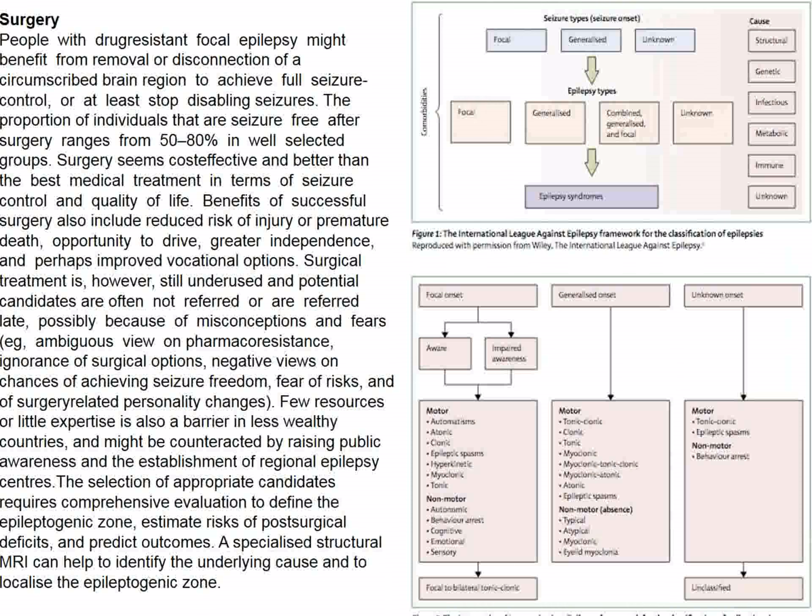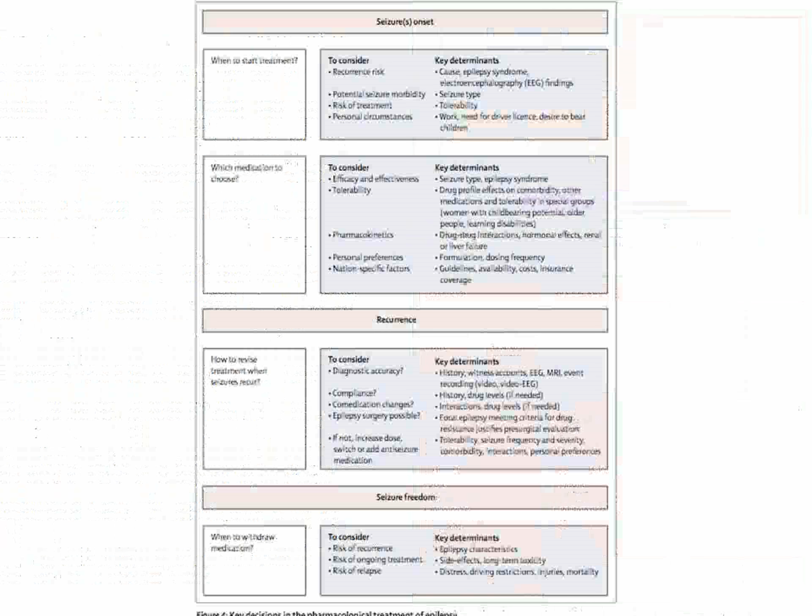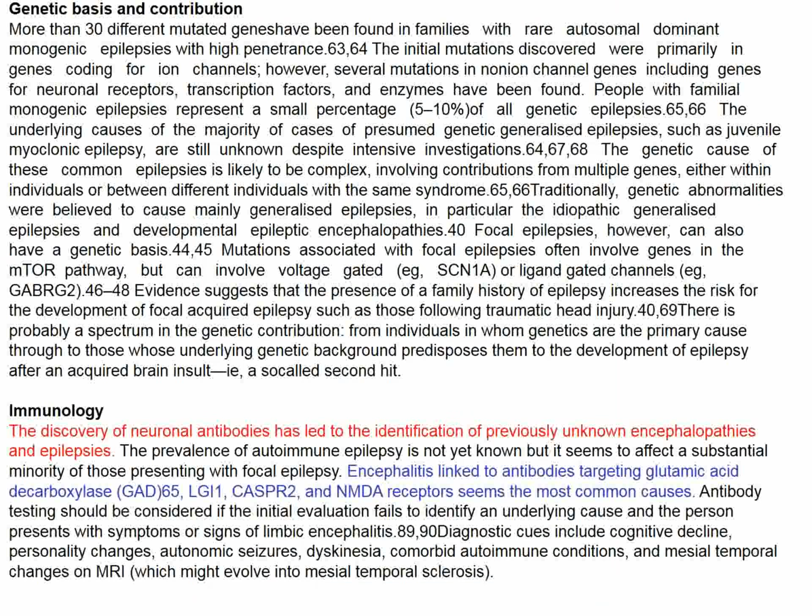And operations can now be done for patients with refractory epileptic episodes, and the outcomes are discussed in this review. And the strategies of when such treatments should be administered is also shown here in a tabular form.